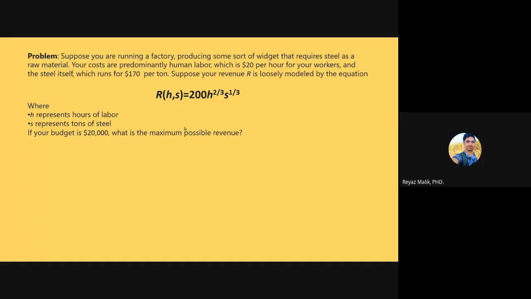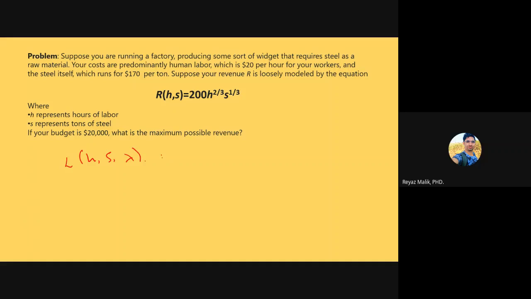Okay, so how do we write it? For example, the constraint function and the basic function. For example, we will start writing the lambda function like this. It is h, it is s, and it is lambda.